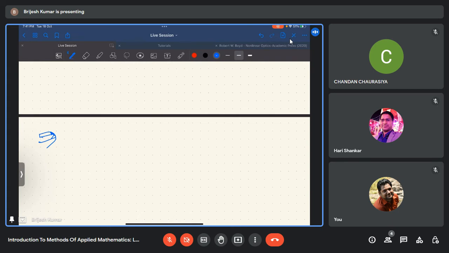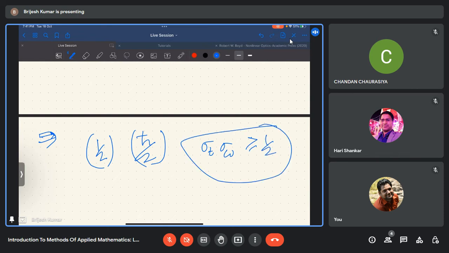The product of the variation in time and the variation in frequency is always greater than 1 by 2, so we always have this much error in our signal.